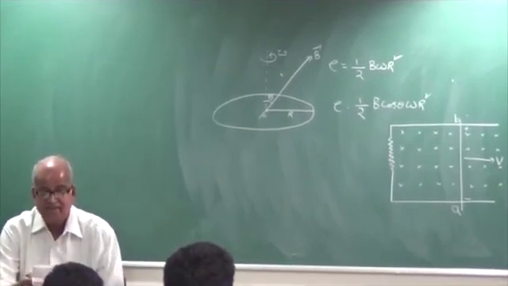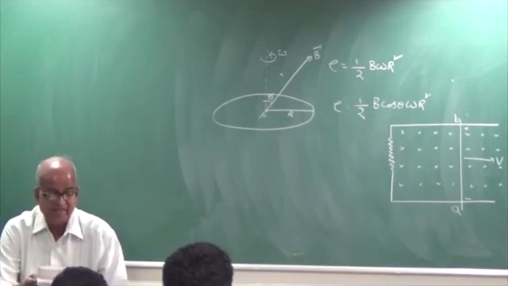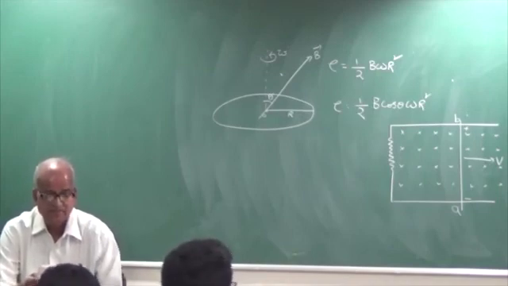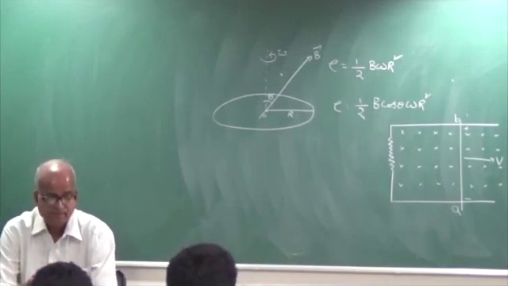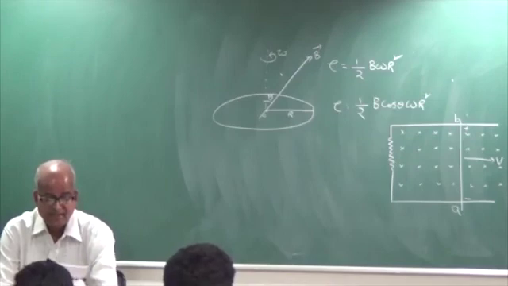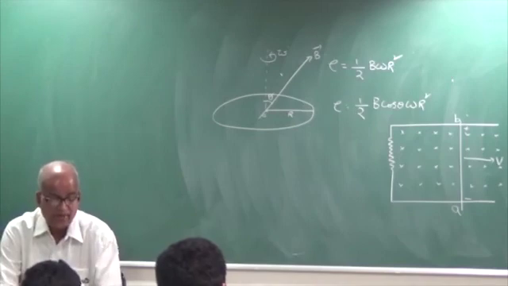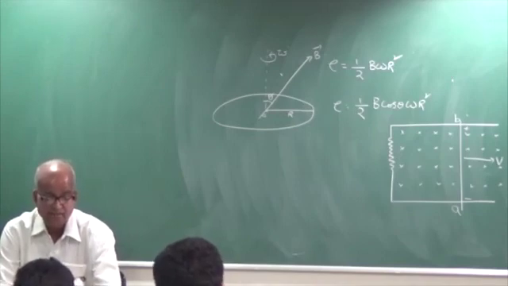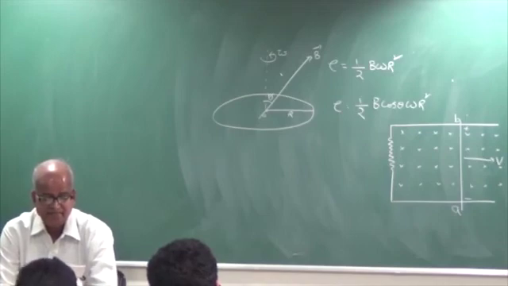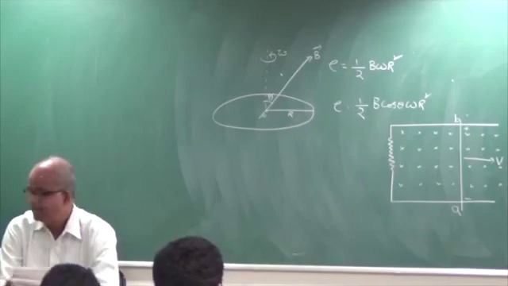There is a uniform magnetic field B in the region of 0.25 Tesla pointing in the negative y direction.